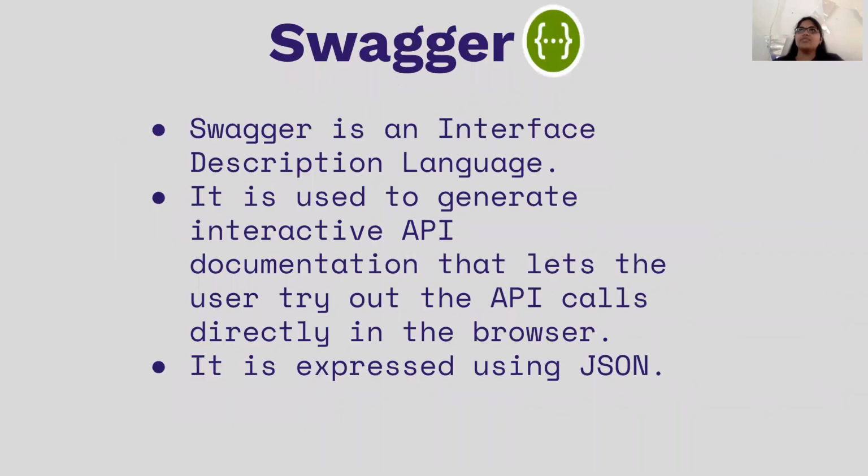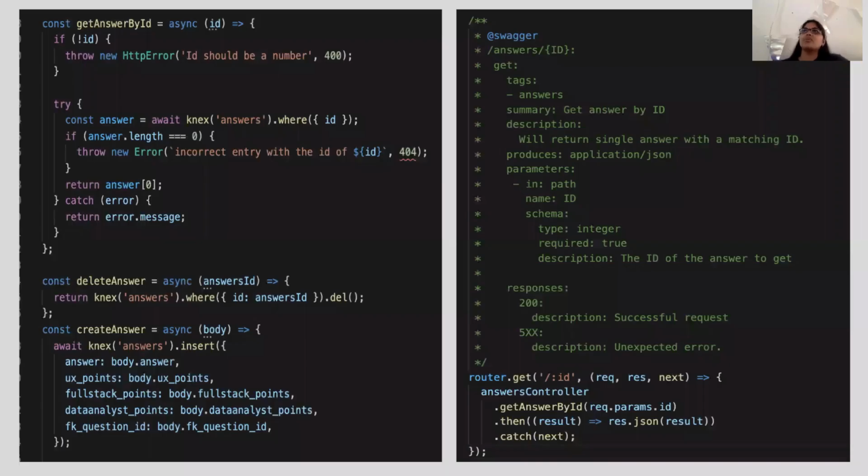As part of this presentation, I would like to tell you about Swagger. Swagger is an interface description language. It is used to generate interactive API documentation that lets the user try API calls directly in the browser. It is expressed using JSON. Swagger describes the structure of the API.